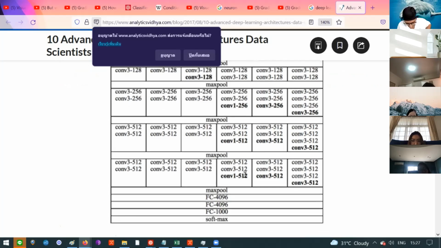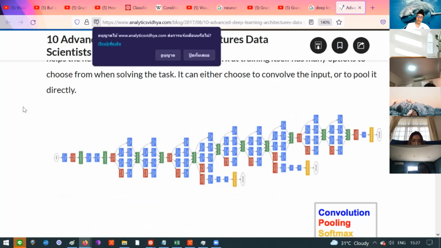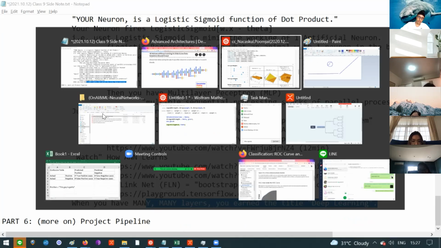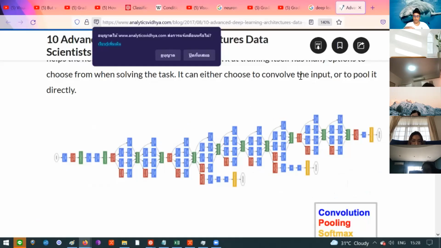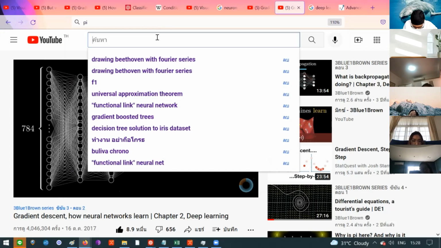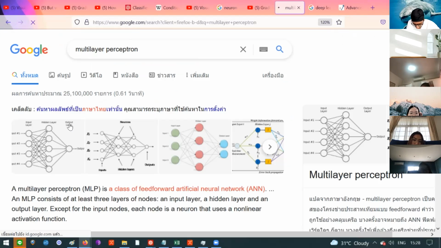You have all kinds of stuff. GoogLeNet. Now, this is the picture I wanted to show you. Each one of these blocks is already bigger than the picture I just showed you. Now let's show this by contrast with the multi-layer perceptron. It looks like this.